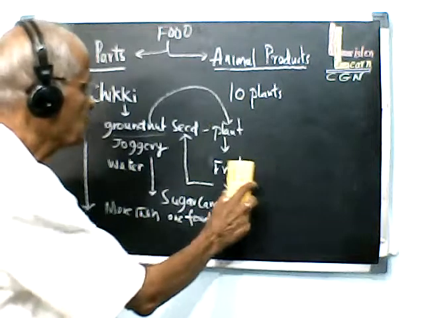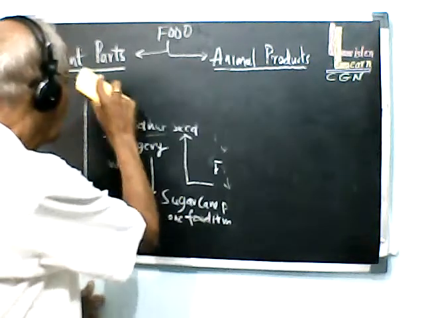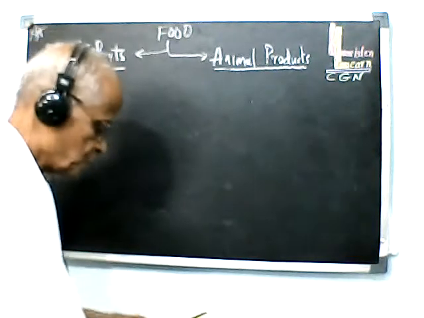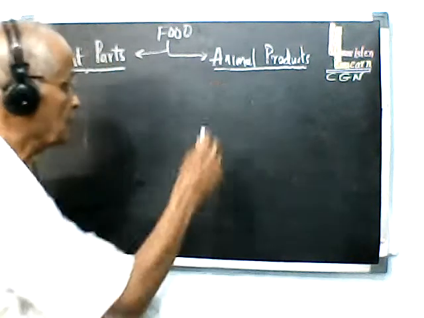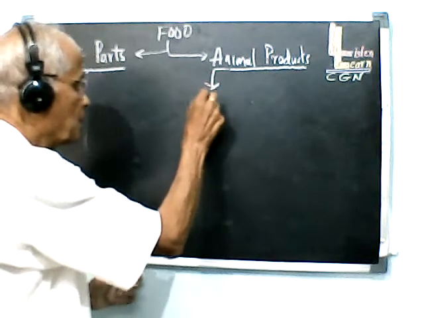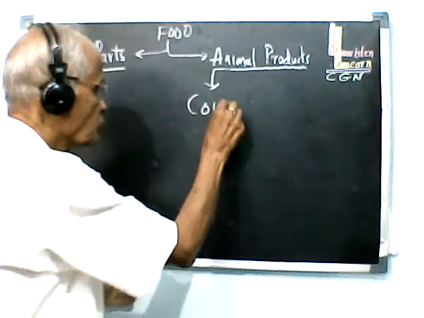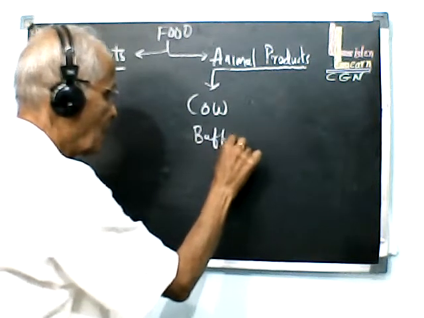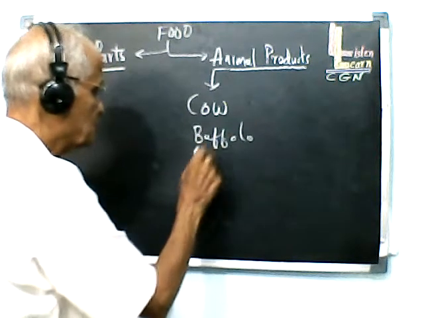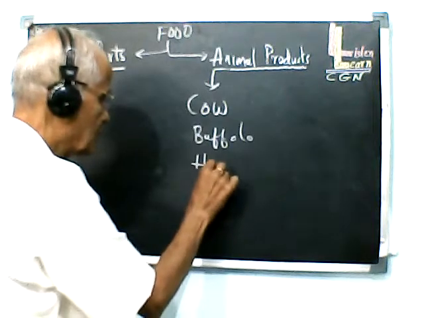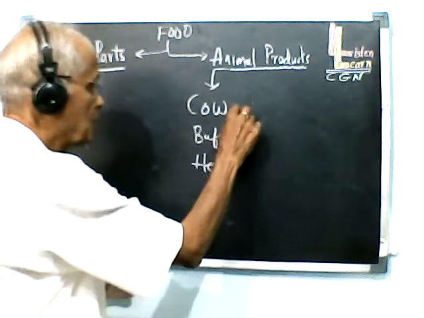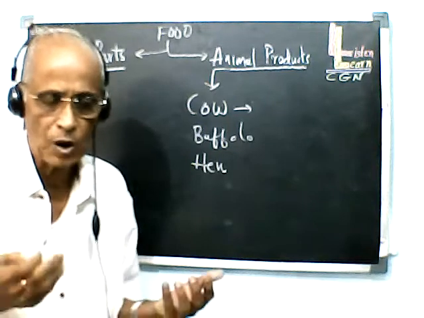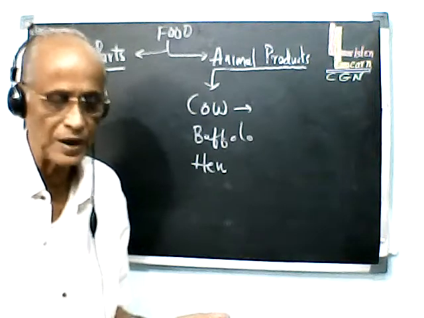Now let's go to the other aspect, the animal products. Now if you think of one or two animals, for example, let's take the example of cow, or buffalo. One more example, we will take hen. Now let's say cow. What are the food products we get from the cow?